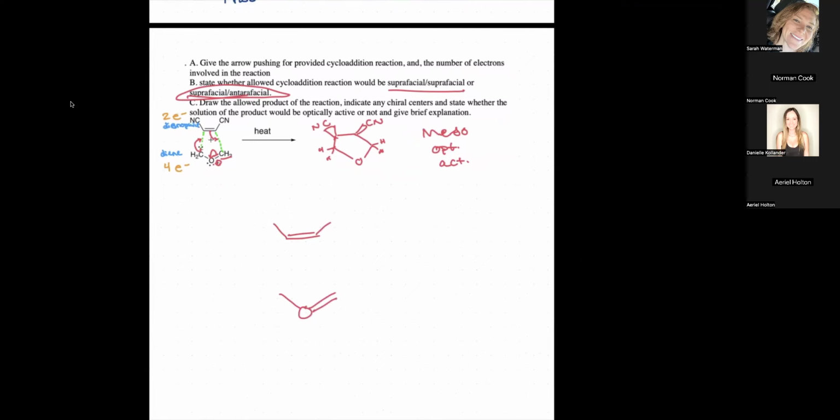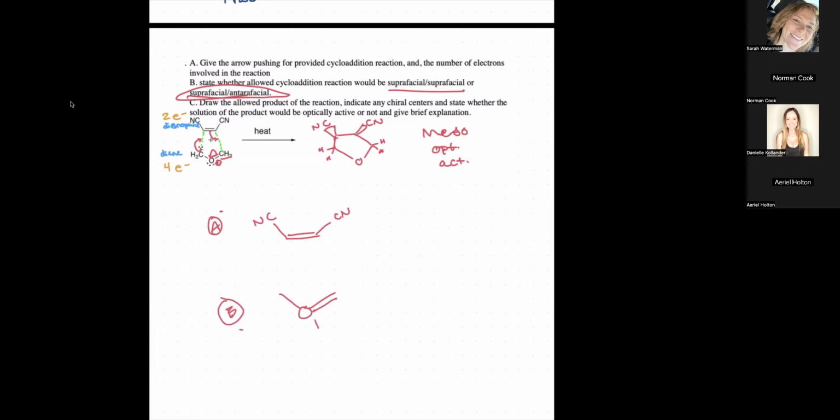So let's see. Okay, so how many pi systems participate in our dienophile up top? I'm going to label this A and B, but this is our dienophile and this is our diene. Okay, so did I do that right?